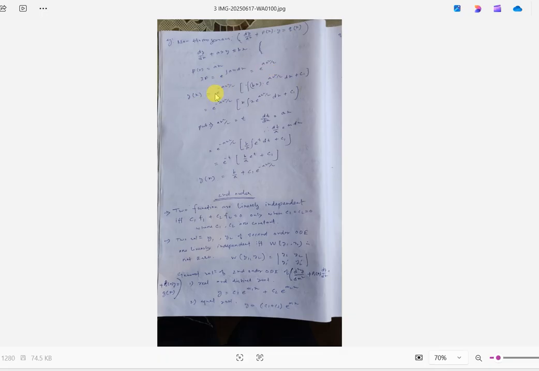Now we will find the solution by multiplying with the integrating factor, e to the power minus ax squared by 2, times the integration of q of x. Here q of x is bx, so b will be outside because it's just a constant. Then the integration of x times e to the power ax squared by 2 dx plus c1.